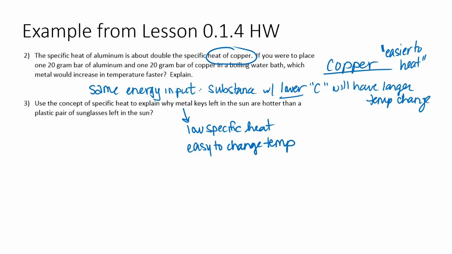So if you put a piece of metal and a piece of plastic, which has a higher specific heat, out in the sunlight and apply the same amount of energy to those two objects, the metal is going to have a higher change in temperature. So it's going to be more painful to pick up the metal keys that have been sitting out in the sun versus your plastic pair of sunglasses because they're going to have changed temperature more.